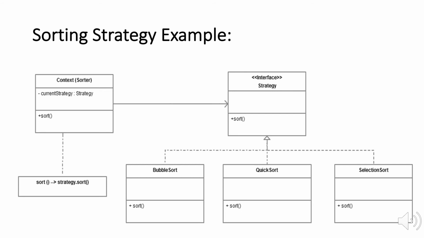So bubble sort, quick sort, and selection sort will be three different classes, and they will inherit from the main strategy interface. See what we are doing here: instead of writing three different functions for bubble sort, quick sort, and selection sort, which you might be used to, we have encapsulated each sorting logic in a different class. And we will use the context class to choose any kind of sorting at runtime.